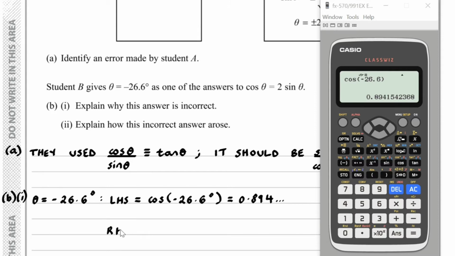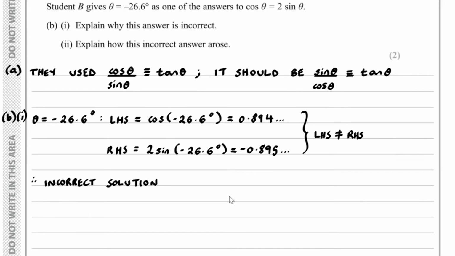And on the right hand side, we have 2 times by the sine of minus 26.6 degrees. So if I work out what this is, 2 times by the sine of minus 26.6 degrees, that's equal to minus 0.895, etc. And because the left hand side doesn't equal the right hand side, we've got an incorrect solution.